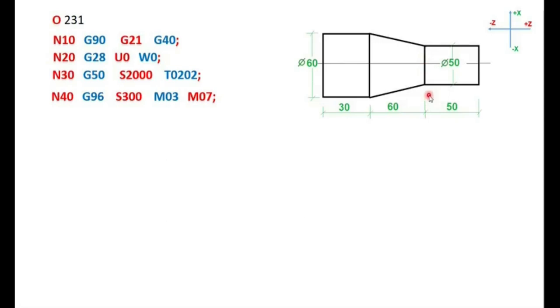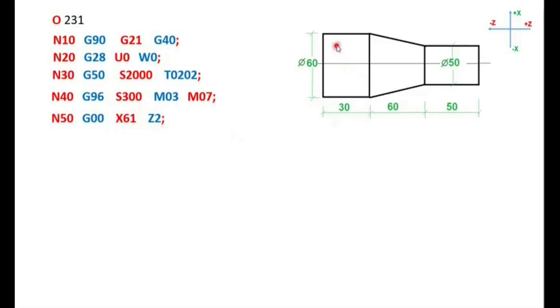So we have to make it constant. That's why this G96 comes into the picture. That is constant surface speed, and that is given as 300. Then we start with Z0, X61, Z2.